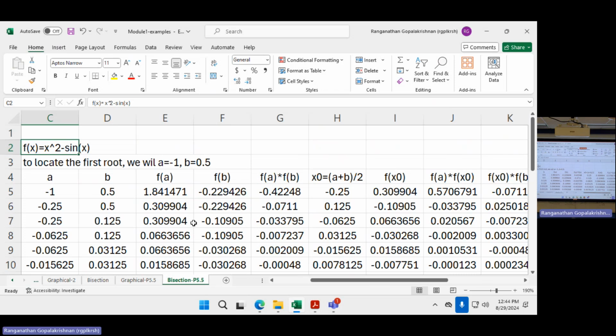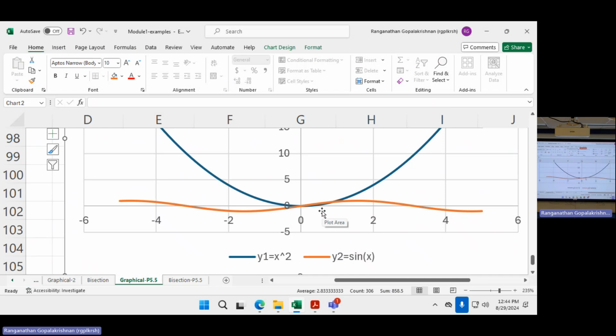What about the other root? Can we say the other root lies between 0.1 as the left end, and maybe 1.5 as the other end? Is that acceptable to you to find the other root?